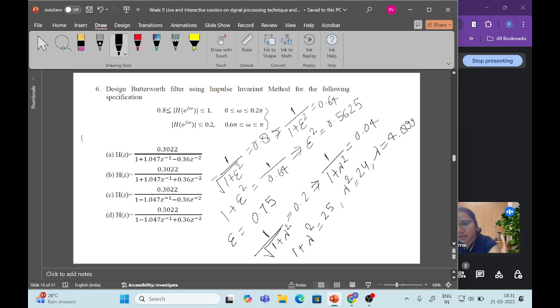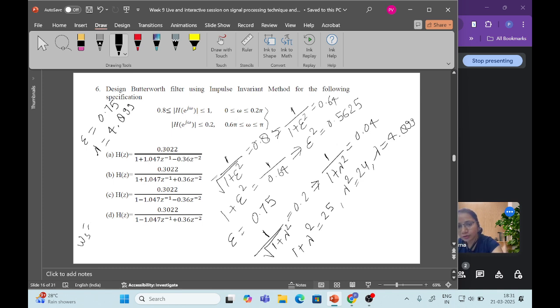So now we have got the epsilon value, that is epsilon is 0.75, and lambda is 4.899. Now from here we can also calculate the cutoff frequencies of the Butterworth filter. What will be omega s, the stop band frequency?